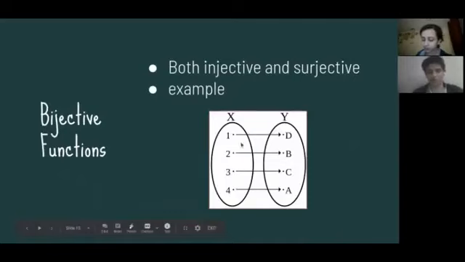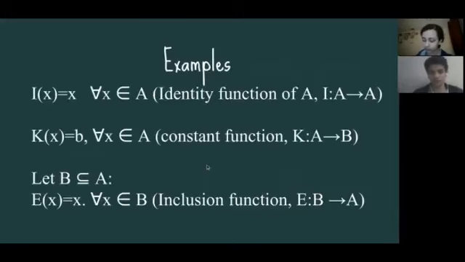I just want the oval shape. Imagine a lot of elements here and a lot of elements here, but all the elements here are just paired to one of these elements. Then first you know that it's definitely not surjective because every element in Y is not paired with anything except this one element, and it's not injective because all the elements in X are paired with the same element.